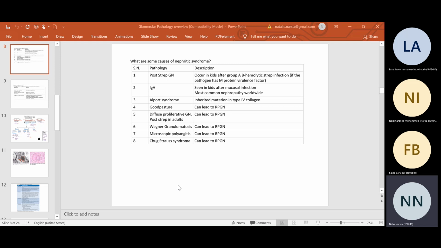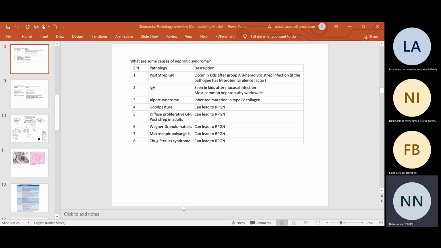That is M protein, and group A beta hemolytic strains carry this M protein, as we discussed in cardiac pathology, with endocarditis, rheumatic fever and so on. So M protein increases the risk of development of nephritic syndrome, and it usually happens after 2-3 weeks.